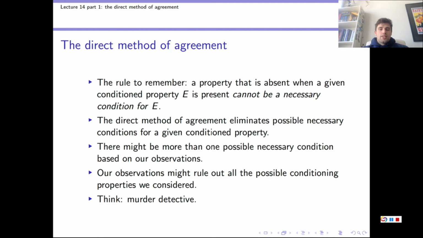In that case, the detective would have to go back and look for a more comprehensive list of suspects to begin with. All the detective can conclude, if only one of the possible conditioning properties is present whenever the conditioned property is present, then all the other possible conditioning properties are eliminated as necessary conditions.